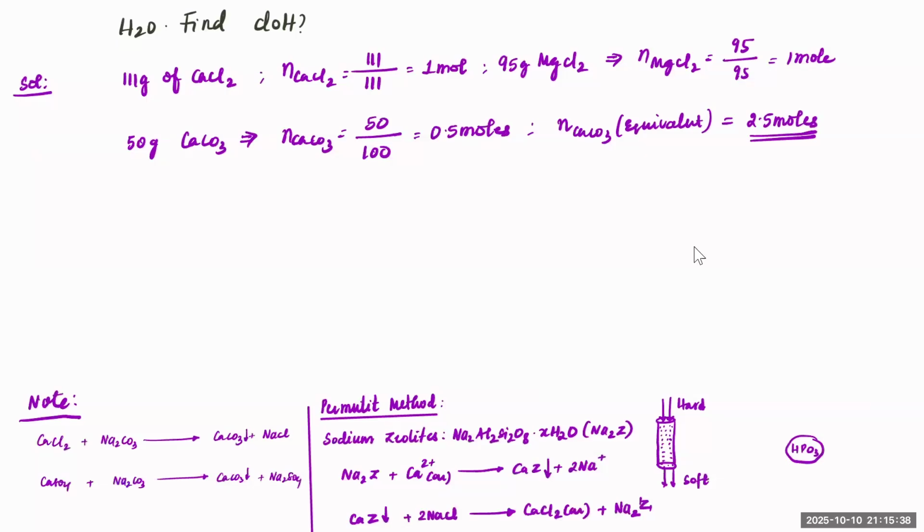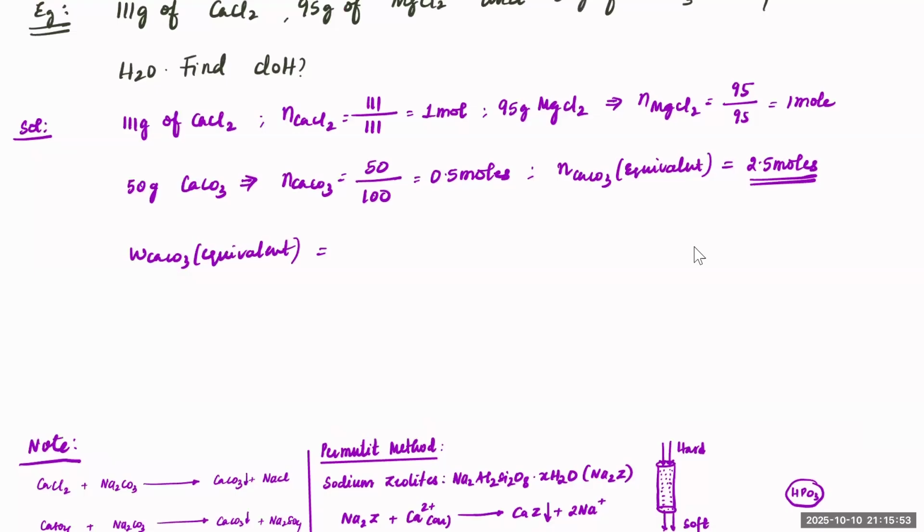Has everybody understood this point? So the weight of calcium carbonate equivalent of all the hardness causing salts together will be 2.5 into 100, which is 250 grams.